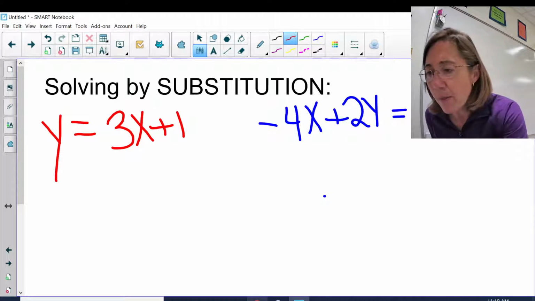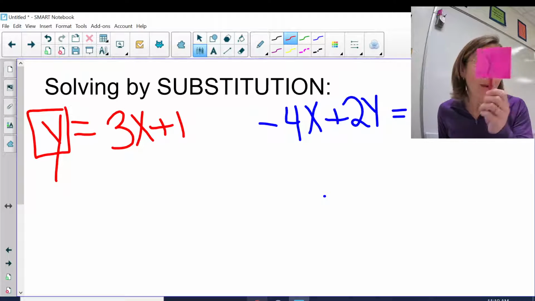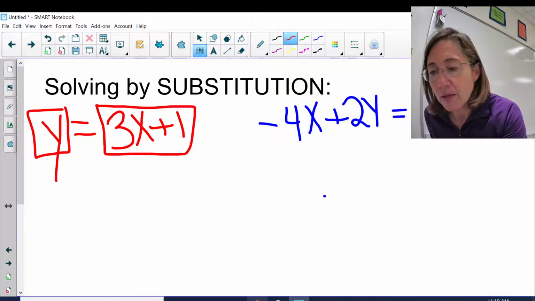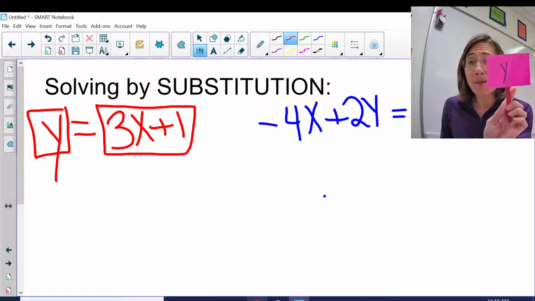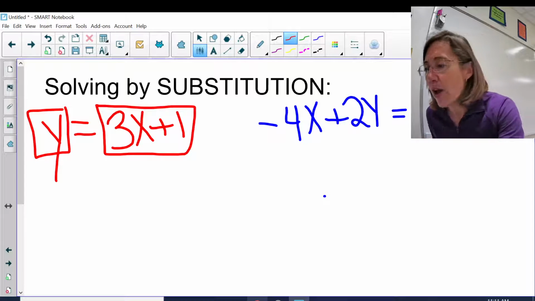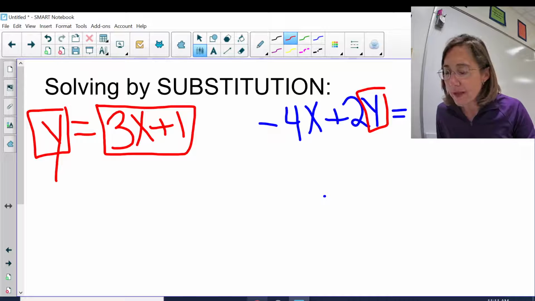So here's what I'm going to do. I'm going to put this in a box so you can think about it looking like my little paddle here. So y equals 3x plus 1. So every place I see a y, what can I replace it with? 3x plus 1. So what we're going to do is take that thought over to my other equation. Oh, you probably can't see that.